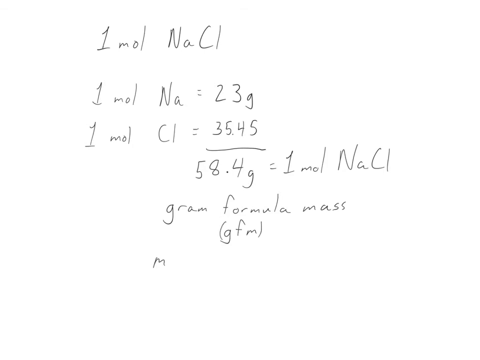It's the mass of 1 mole of an ionic compound. So GAM, gram atomic mass for atomic things, gram molecular mass for molecular things, gram formula mass for ionic things.